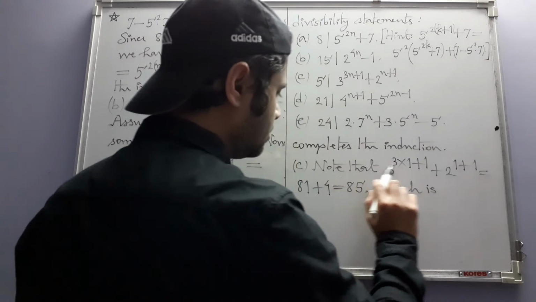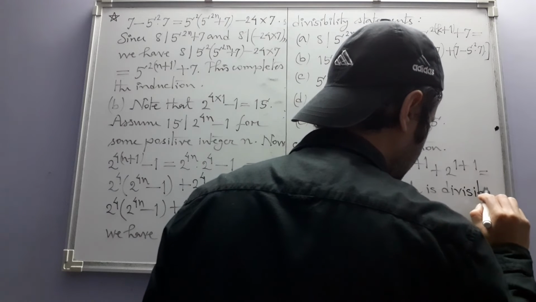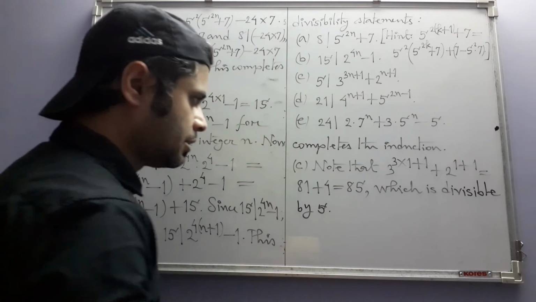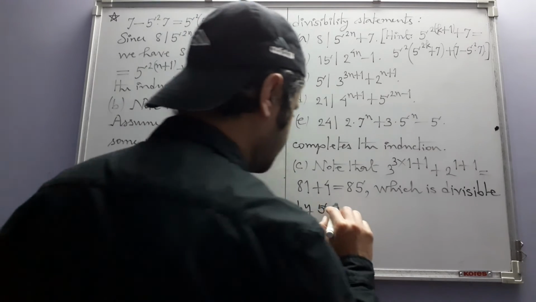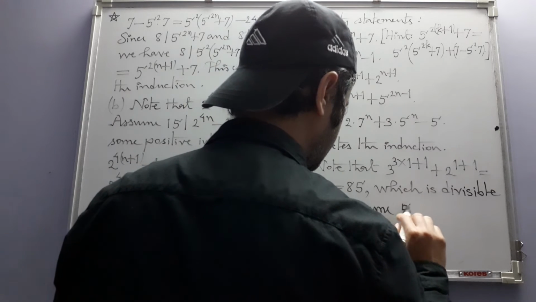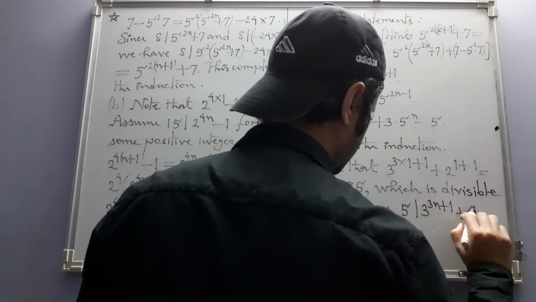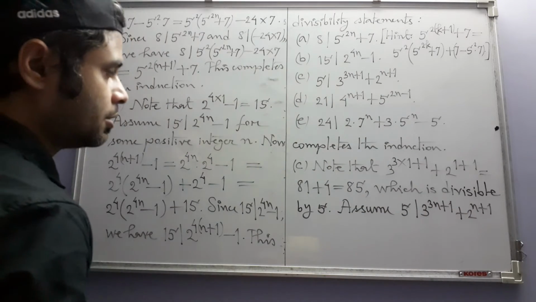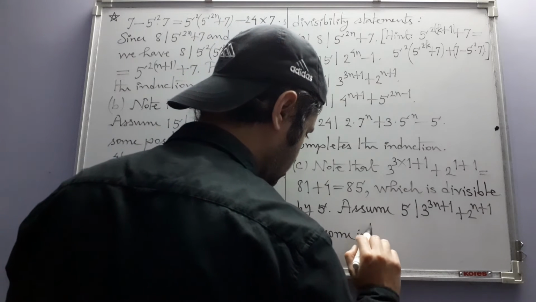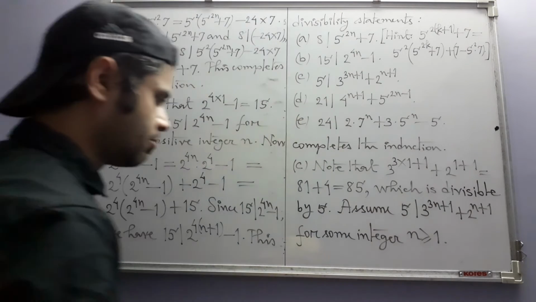Anyway, so which is divisible by 5, so this is the basis of our induction. Assume that 5 divides this for some integer n greater than or equal to 1.